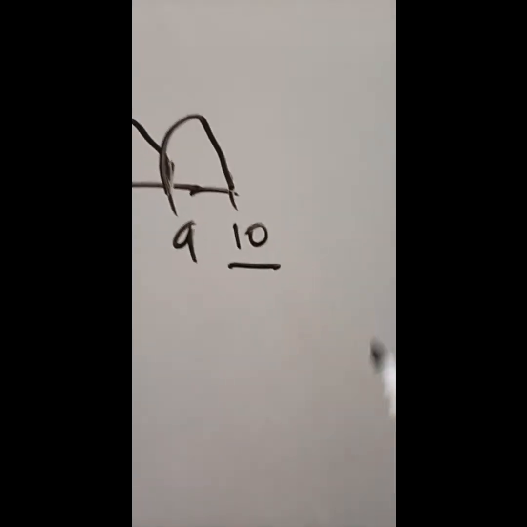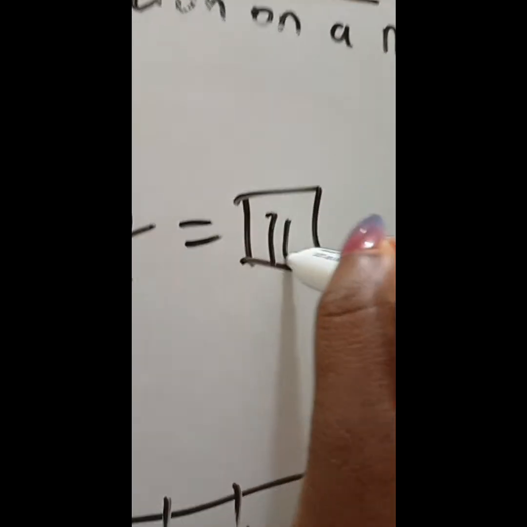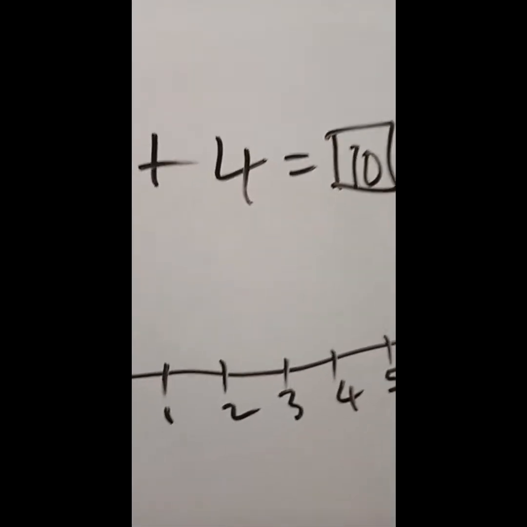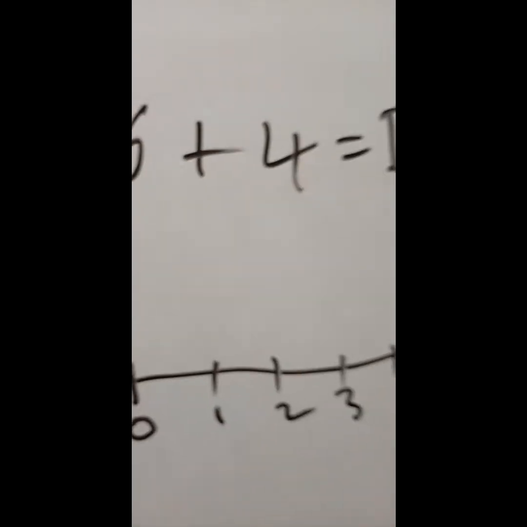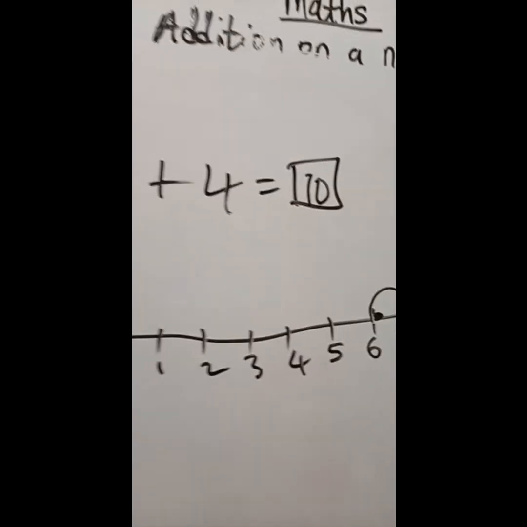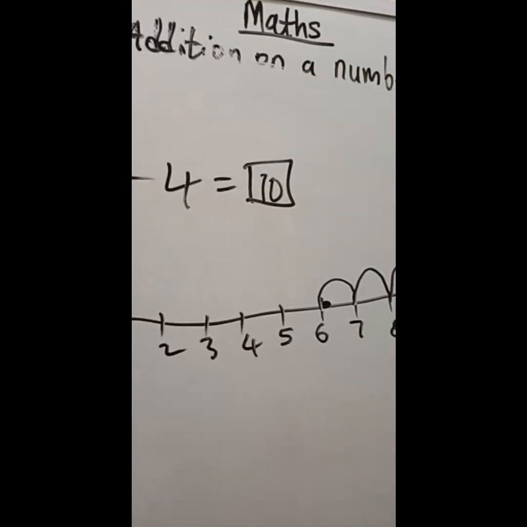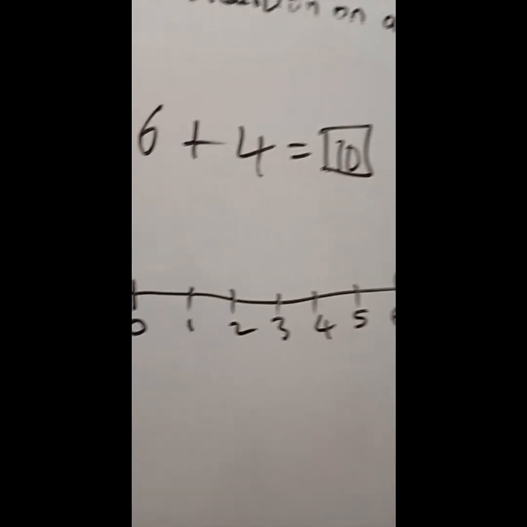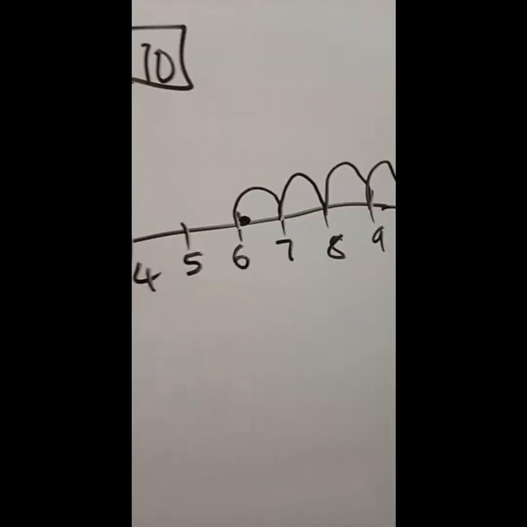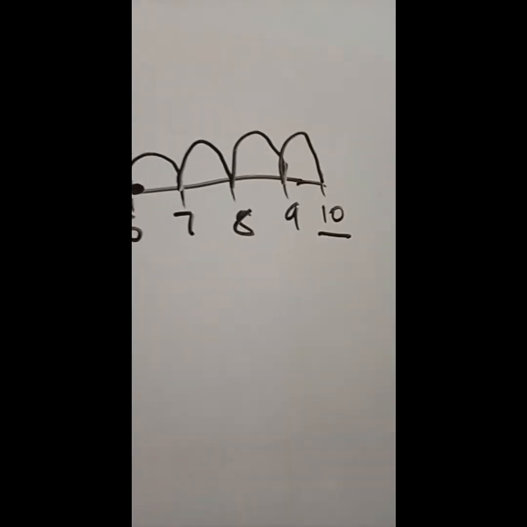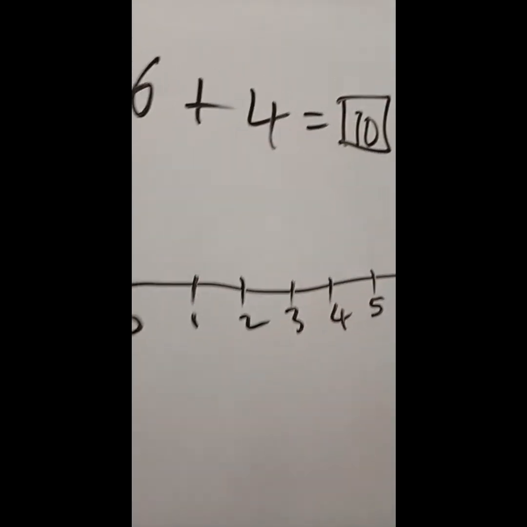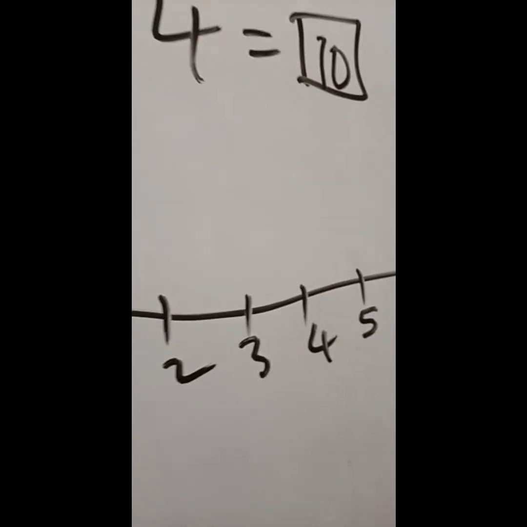So our answer is 10. You come here and write 10. So 6 plus 4 is 10. When you use number line to solve it, it is very, very easy.